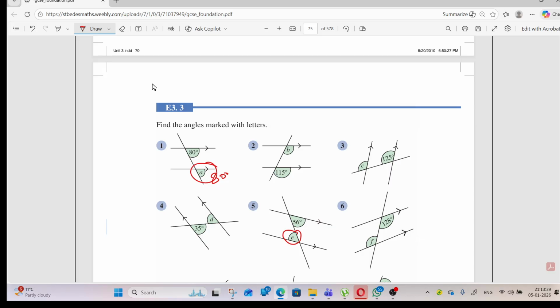How much is angle E? 56. Reason? Because they are alternate angles. Yes, they are alternate angles.